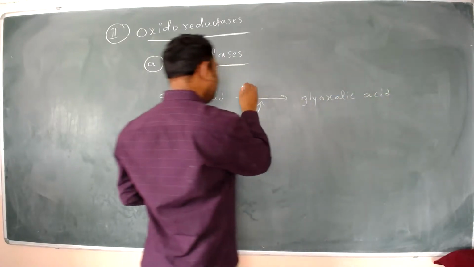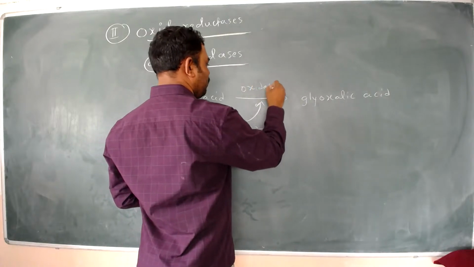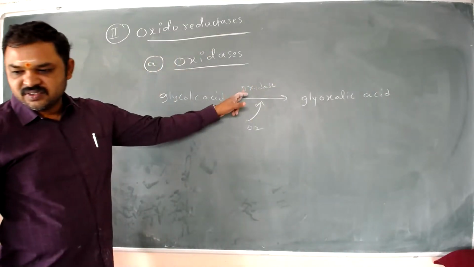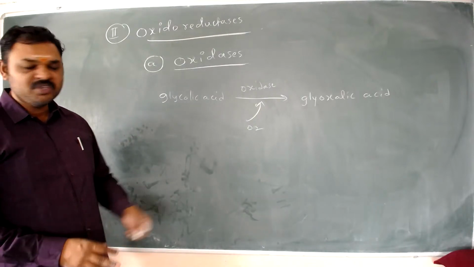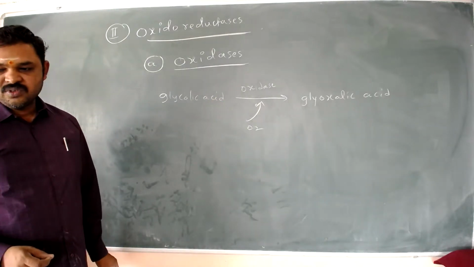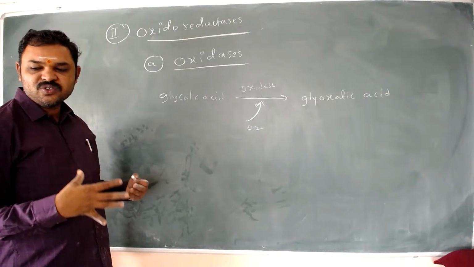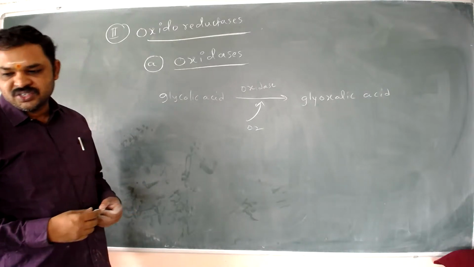So what is the enzyme? Oxidase. The enzymes involved in the addition of oxygen to a substance are called oxidase enzymes. So addition of oxygen induced by enzymes is called oxidases.